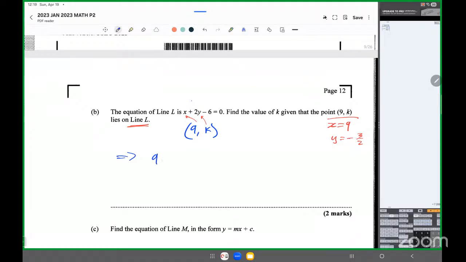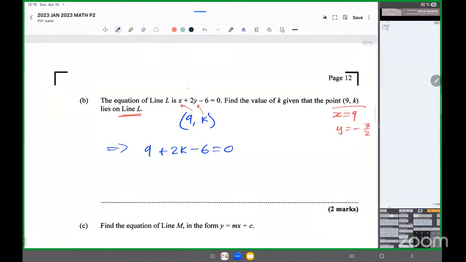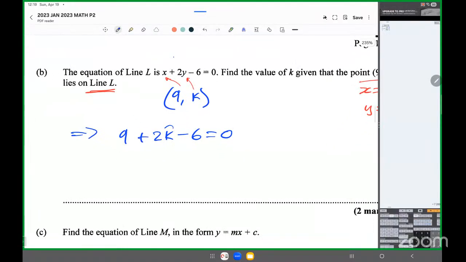And I'm going to get 9 plus 2 times k minus 6 equals 0, when I plug those values in. So first, 9 minus 6 is 3. So I get 2k plus 3 equals 0.